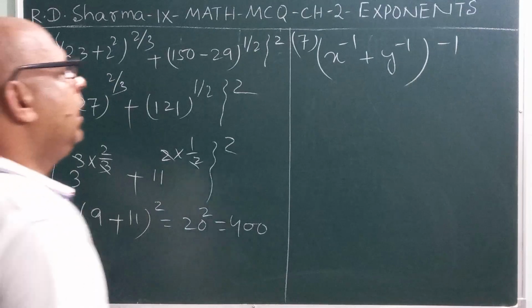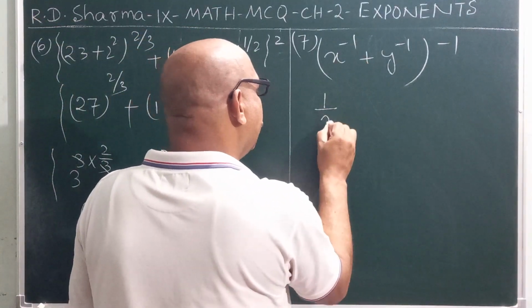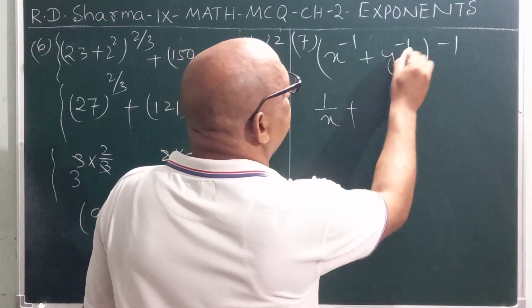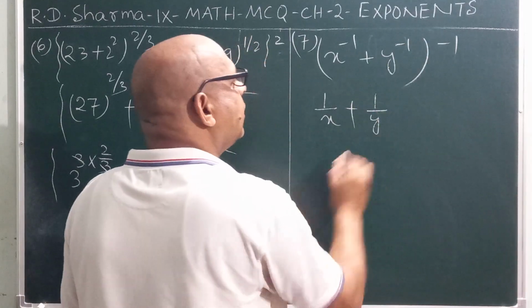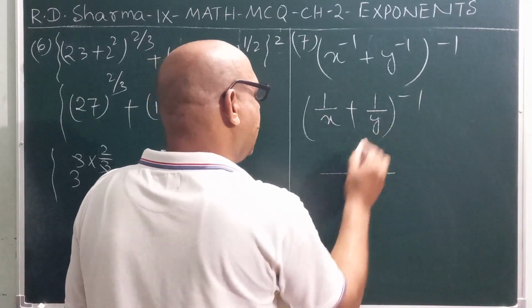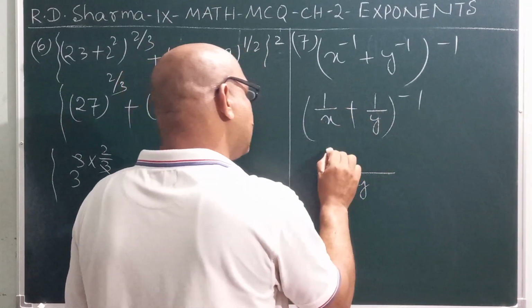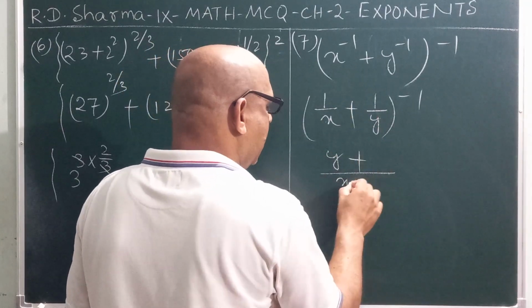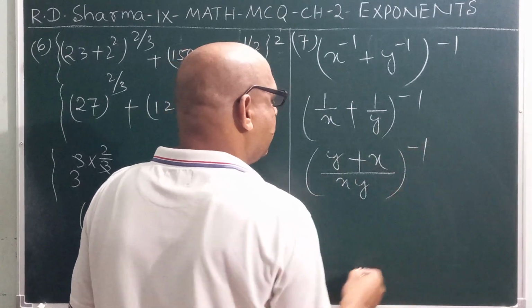Next, number 7. x to the power minus 1 equals 1 by x. If y to the power minus 1 means 1 by y, whole minus 1, xy LCM, xy divided by x quotient y, xy divided by y quotient x, to the power minus 1.